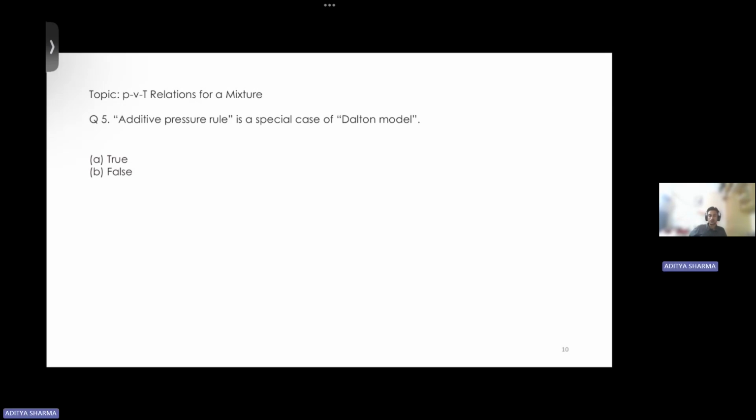This is the additive pressure rule, and we can get the total pressure of the mixture.